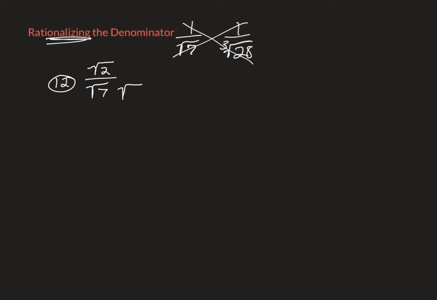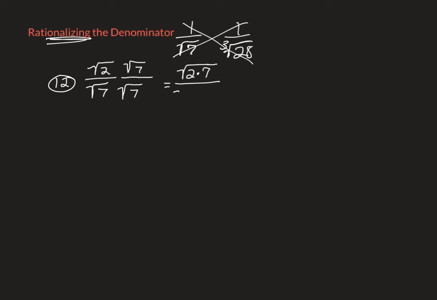However, if I think about what I need to multiply that square root of 7 by to get a perfect square under the radical, it turns out that if I multiply by the square root of 7, and I do the same thing in the numerator, I will have in the numerator the square root of 2 times 7, because the indices were the same, I can do that.